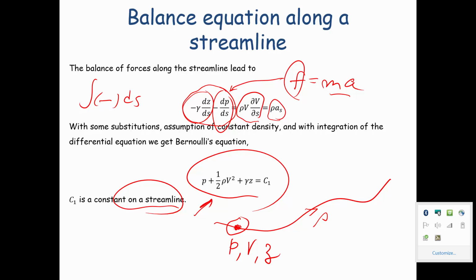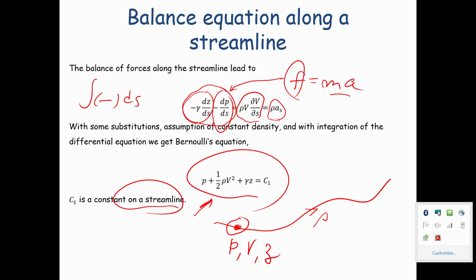I can define it at an arbitrary point where I can make the measurement of the pressure, velocity, and the elevation, and I'm confident that at every other location that a particle passes through along that streamline, the sum of those numbers will always be equal to that constant, even if those numbers change as they move along the streamline.